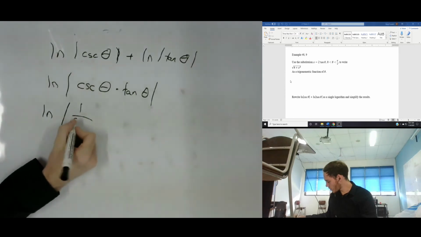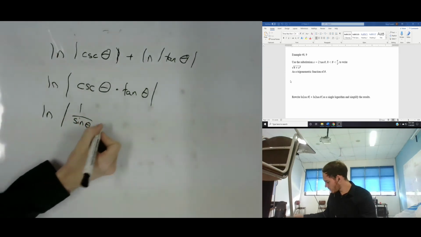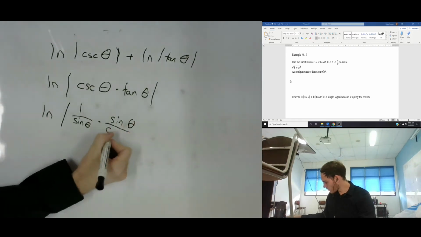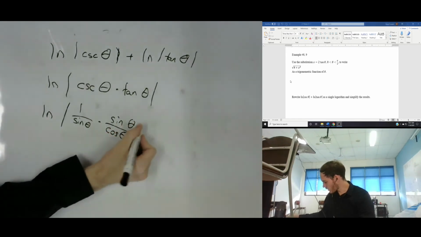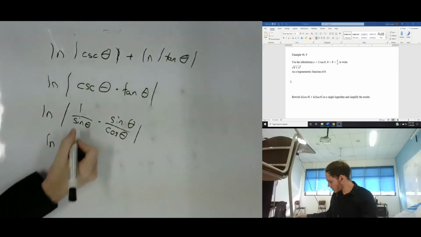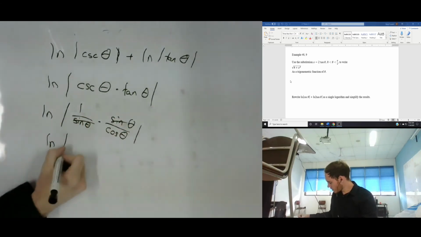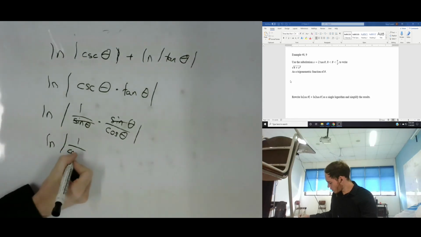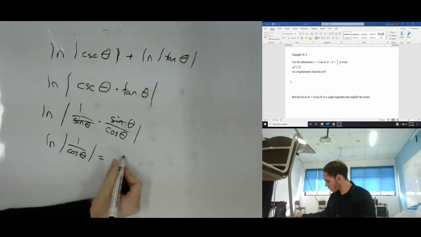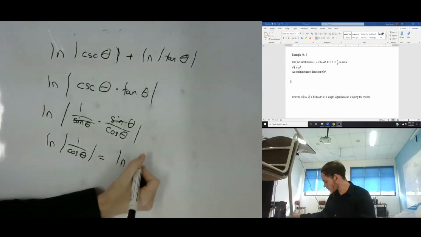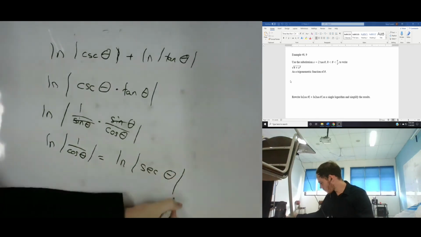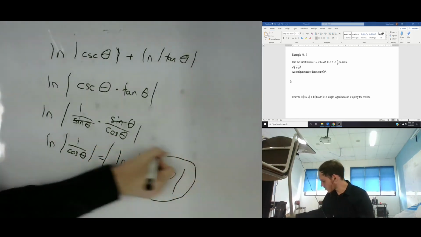So we have 1 over sine theta times sine theta over cosine theta. The sines are going to cancel. So you get 1 over cosine theta, and natural log of 1 over cosine theta is natural log of secant theta. And that would be our answer right there.